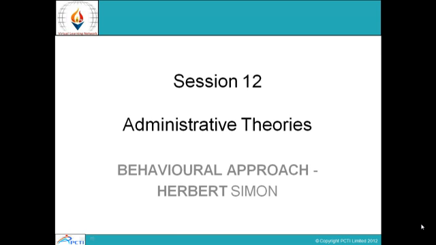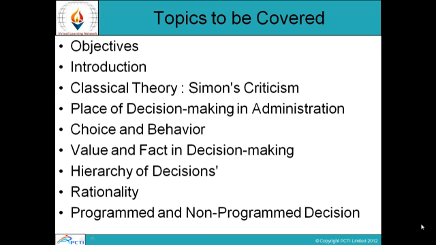This is Session 12, Administrative Theories, Behavioral Approach, Hubbard-Simon. Topics to be covered: Objective, Introduction, Classical Theory, Simon's Criticism, Place of Decision Making in Administration, Choice and Behavior, Value and Facts in the Decision Making, Hierarchy of Decision, Rationality, Programmed and non-programmed decisions.